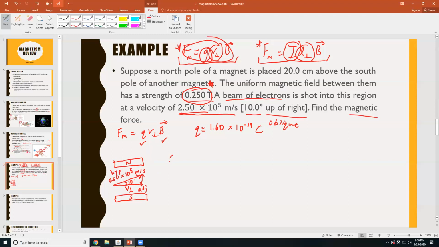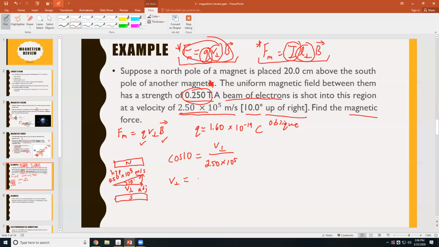So we can set this up as cosine 10 degrees equals adjacent, which is V perpendicular, over your hypotenuse, which is that 2.50 times 10 to the 5. And then, of course, just multiply that 2.50 times 10 to the 5 over. Make sure you're in degree mode in your calculator. I've already done this, so I will just tell you the number.